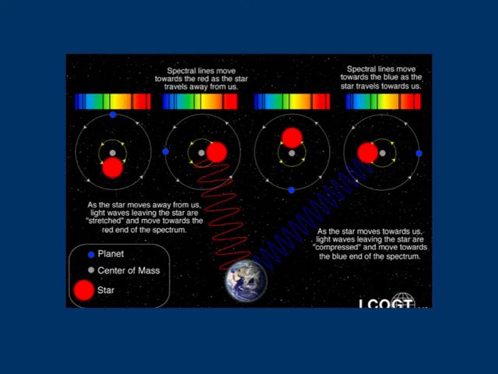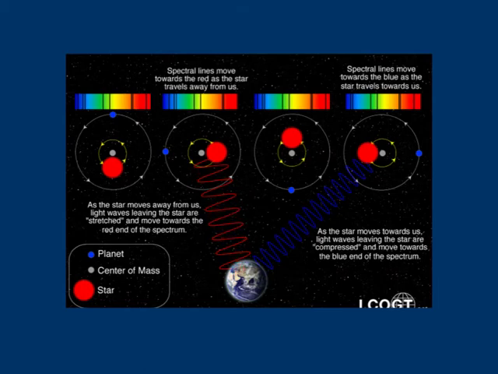Here we see a star and its planet, and this star is wobbling as it goes around the center of mass. In this case, it's going away from us, so we have a red shift because the wavelength is increasing and the light moves to the red.